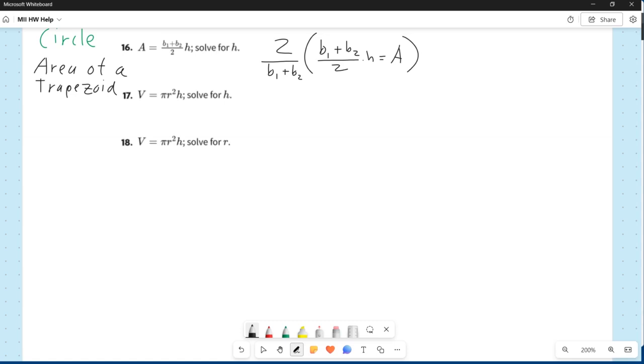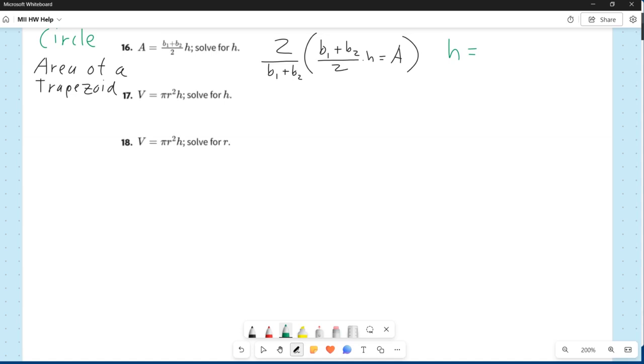It's being multiplied by a fraction, and if we multiply by the reciprocal of that fraction, if we flip the numerator and the denominator, what's nice about this is that we are going to be left with just H equals, right? So that's nice.